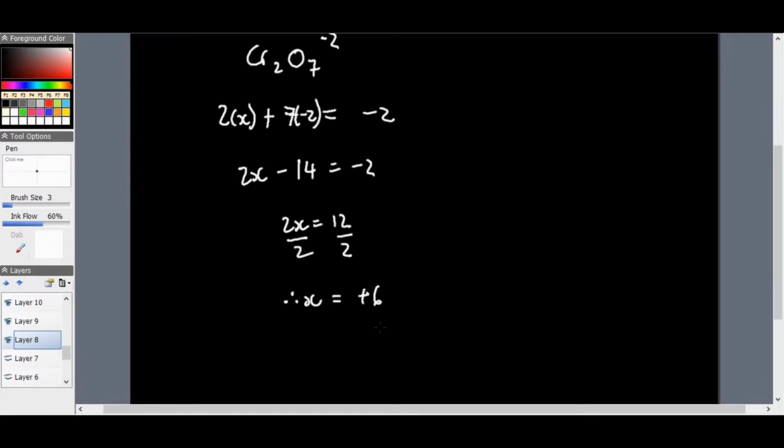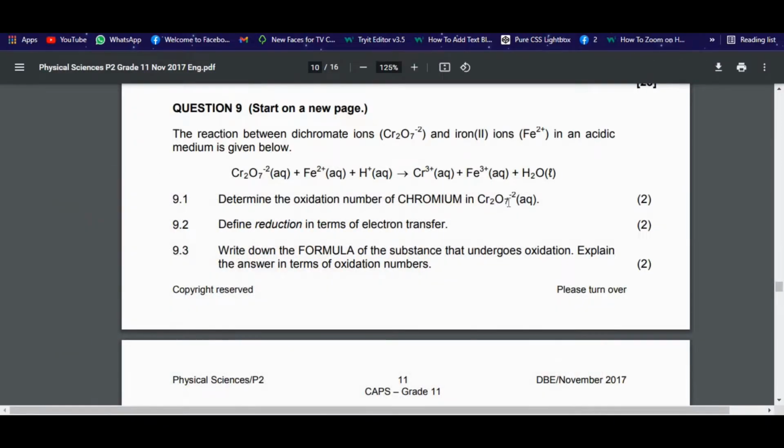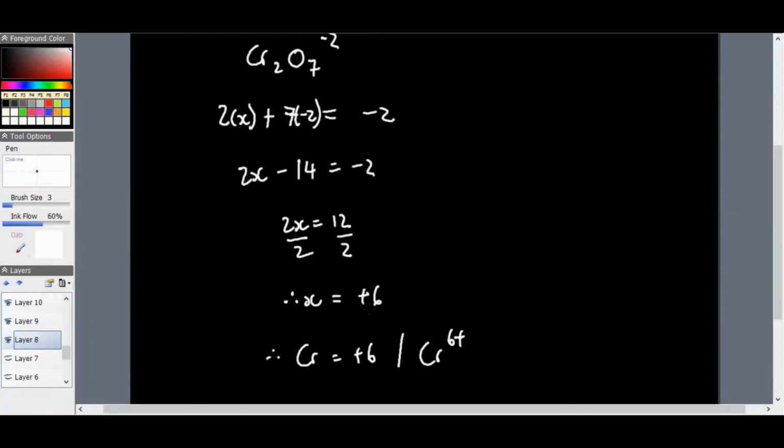Now it's not math, so we have to say, therefore, chromium is equal to positive 6. Alternatively, we could write Cr 6 plus. But it's equal to positive 6. That is the oxidation number of chromium in Cr2O7 2 minus. Let's put that back up again, so we can all see how we achieve that answer.